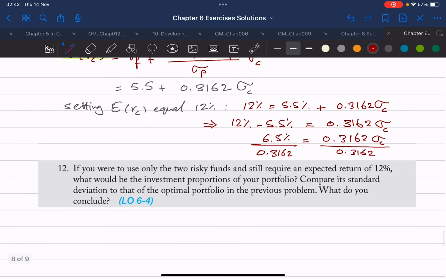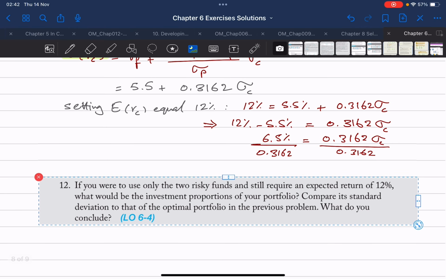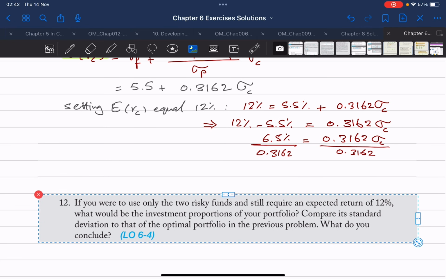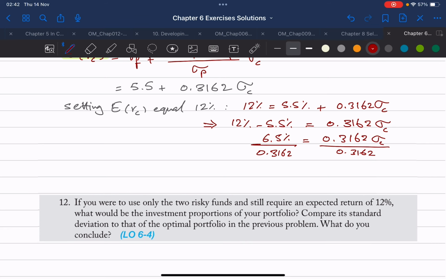Again, we'll push this a bit further down. Sorry for that. So let's see. 0.065, which is 6.5%, divided by 0.3162. Notice what I've done here.